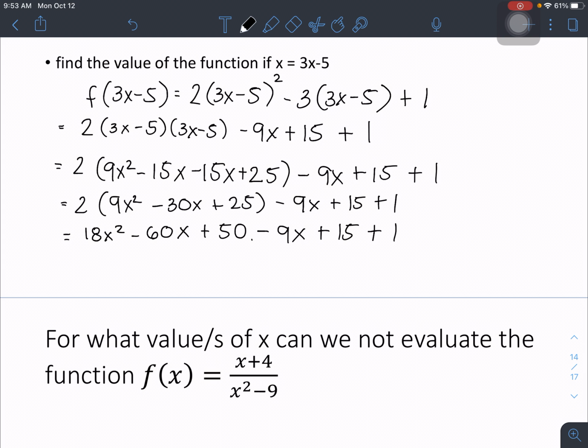Okay, so I think we need to simplify this into a simpler form by combining all the similar terms. So 18x squared, no other x squared present here. All the x's, so we have negative 60x, negative 9x, nothing more.